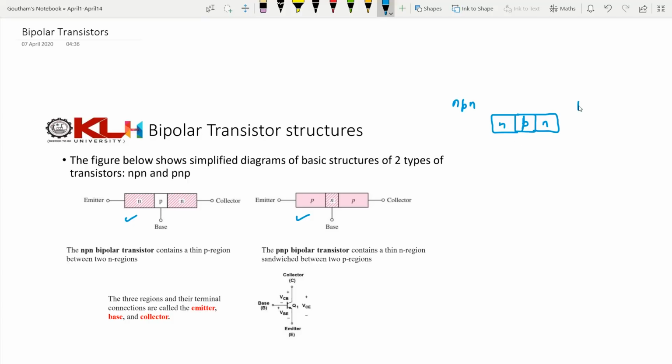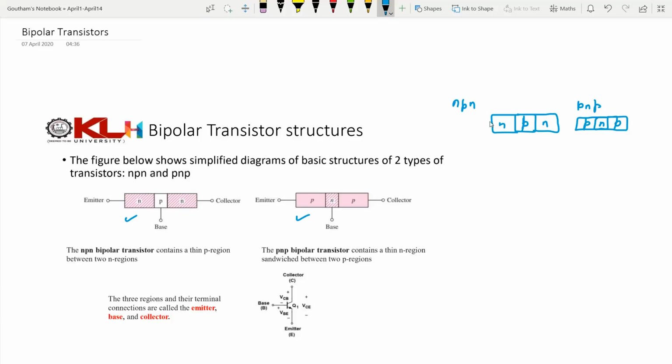Similarly, a PNP transistor is where you take an N type semiconductor and sandwich it between two P type semiconductors.